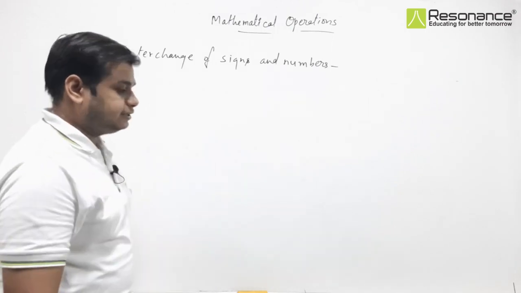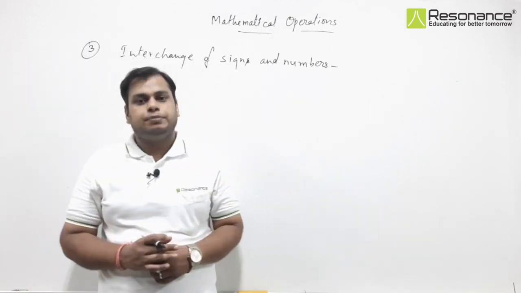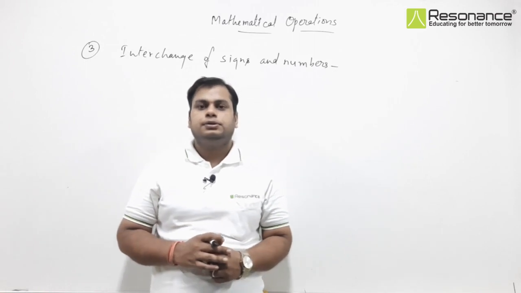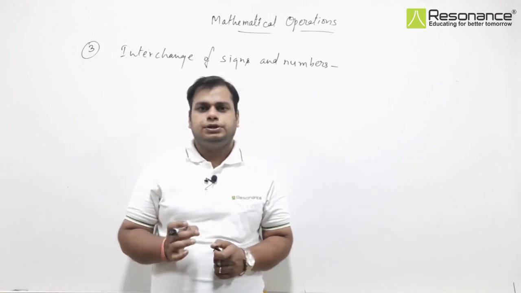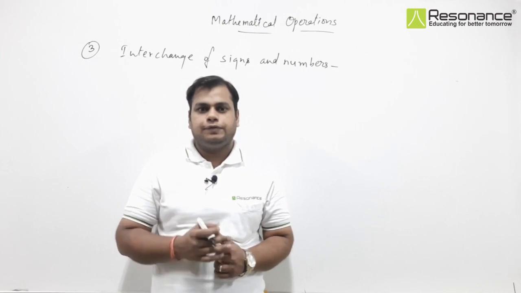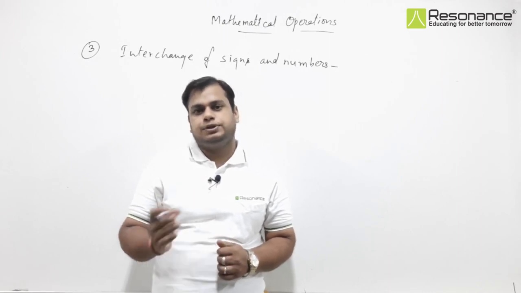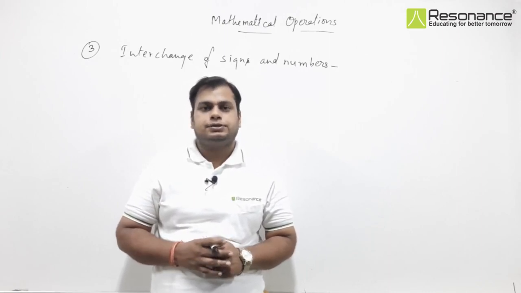In interchange of signs and numbers, we are given a complete mathematical equation, but the solution which is given equal to the equation will not match with the equation's correct solution.